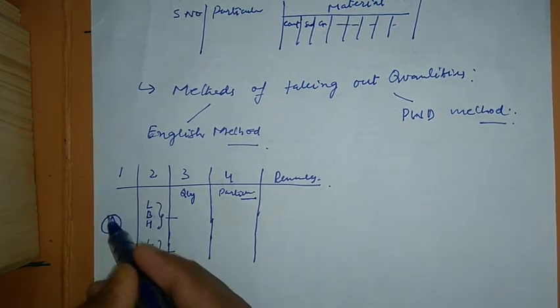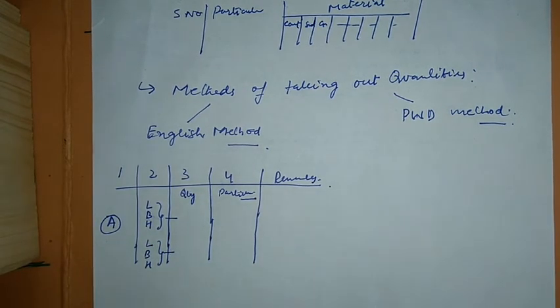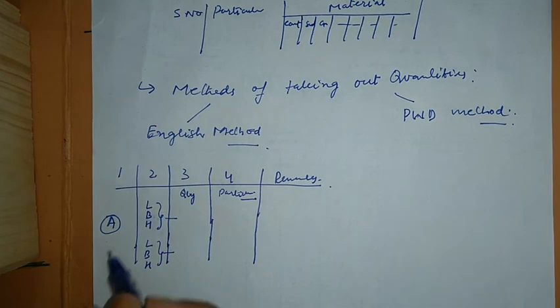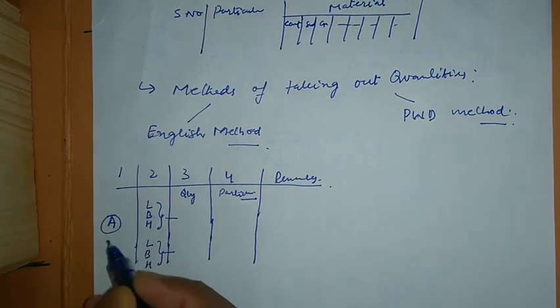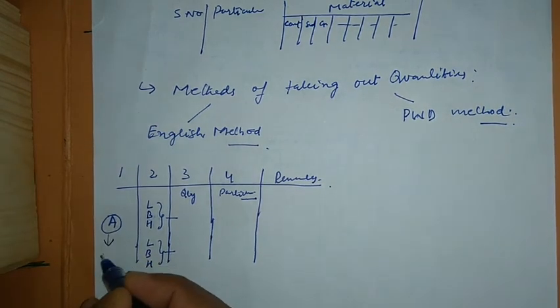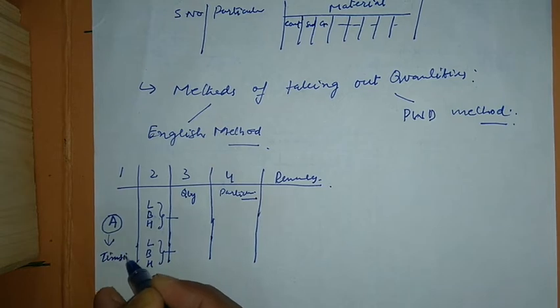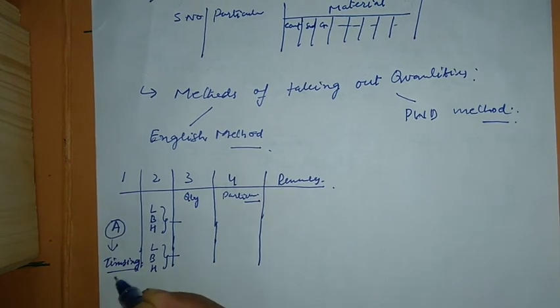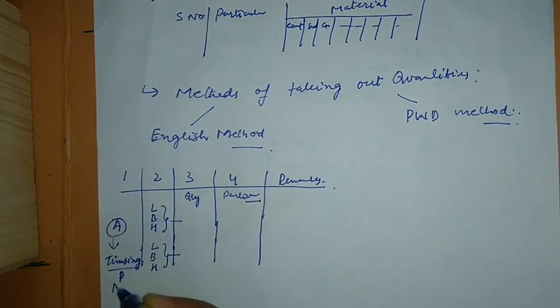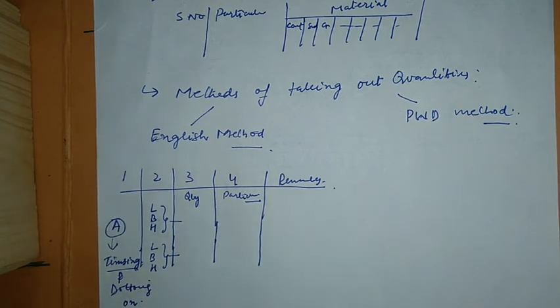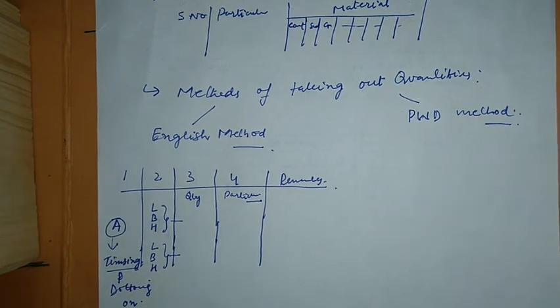This first column is used for timesing and it is also used for dotting on. Timesing means the multiplication.